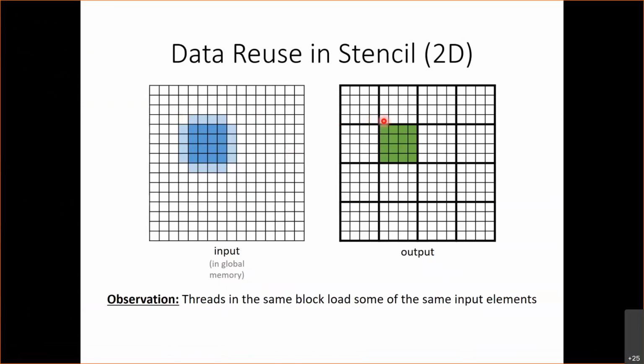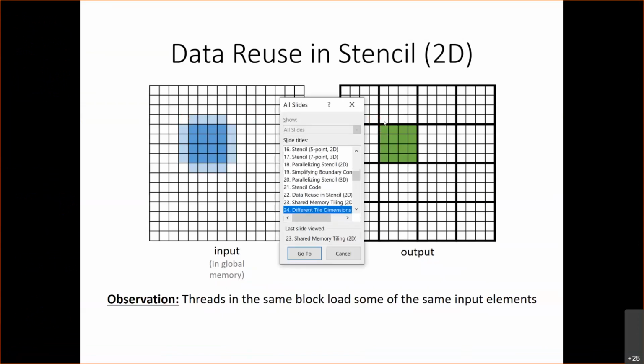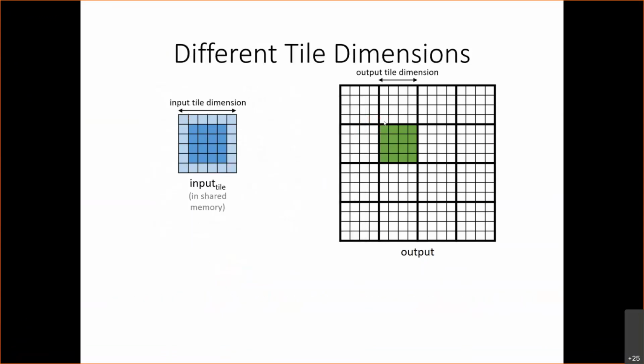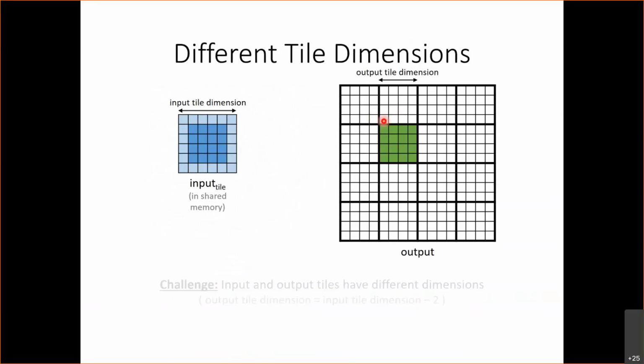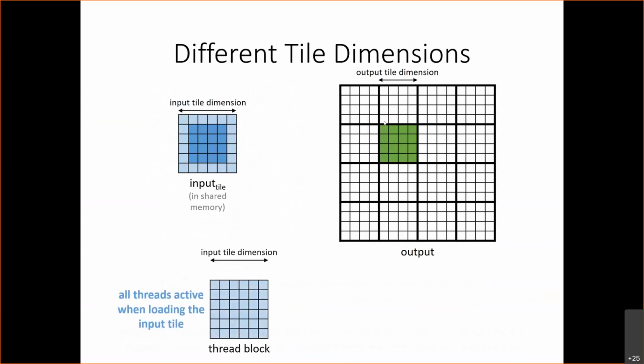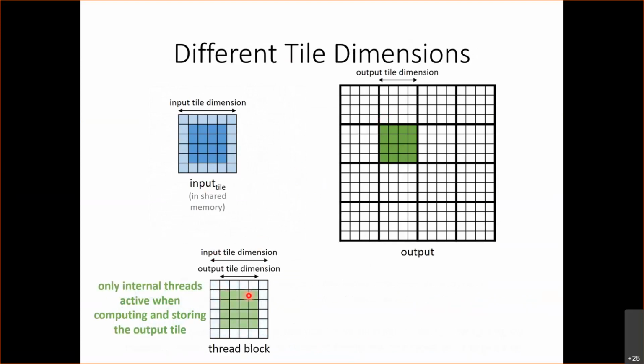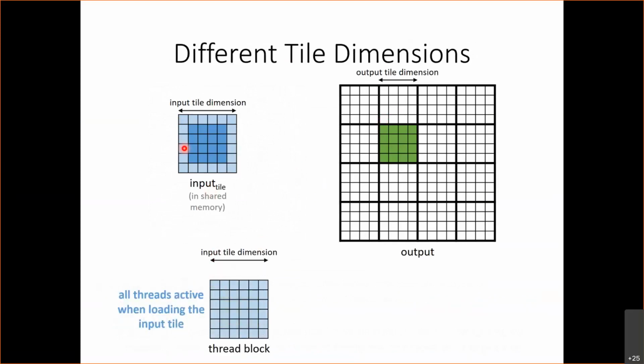To clarify that, let me go down a little. Over here, we said that all these threads are active when they load the input tile, but only these center threads are going to be active when we compute the output tile. So thread 0, 0 is not going to be active when I compute the output tile. It is responsible for loading this input element, which corresponds to this output element, but when it computes, it's not going to be active.